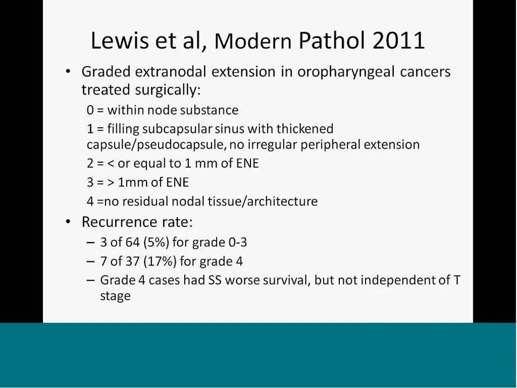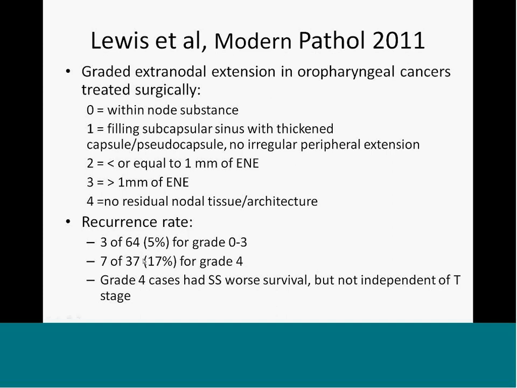So Lewis et al. published a paper in Modern Pathology in 2011 where they graded extranodal extension in oropharyngeal cancers which had been treated surgically. Grades 1, 2, 3, and 4, depending on the extent of extranodal extension, with grade 4 being no residual nodal tissue or architecture, versus grade 3, which was clearly a node, but with more than 1 millimeter of extranodal extension.